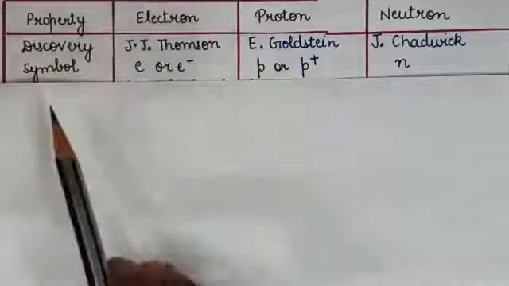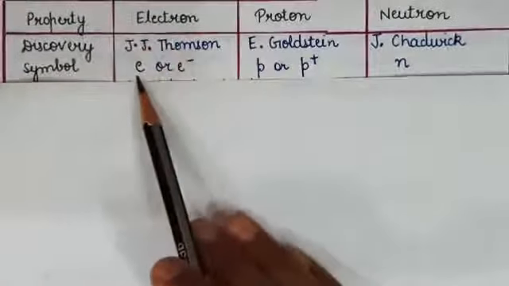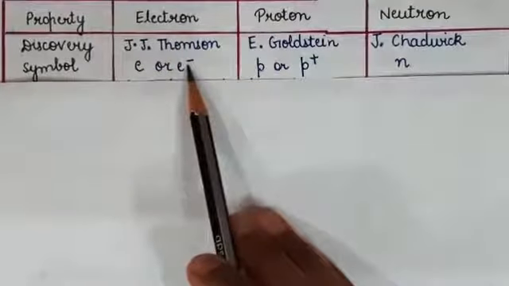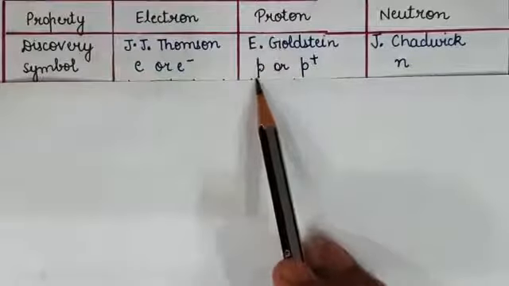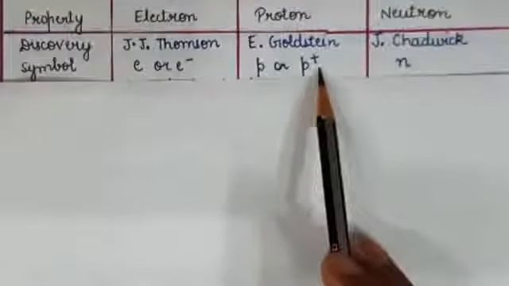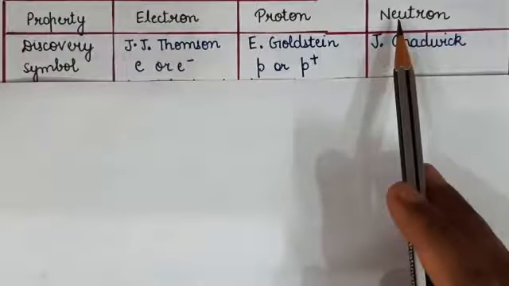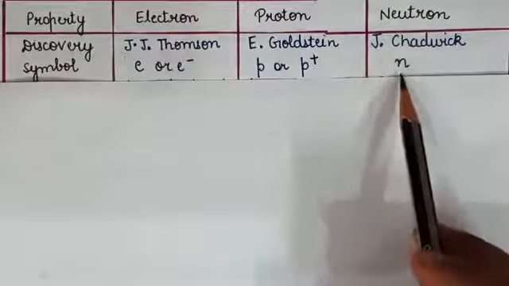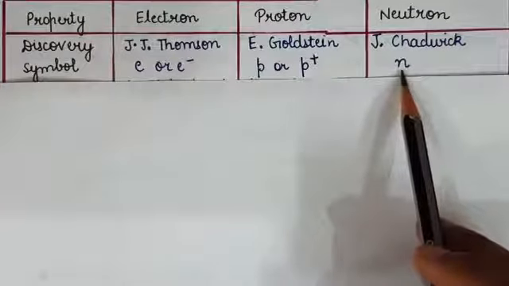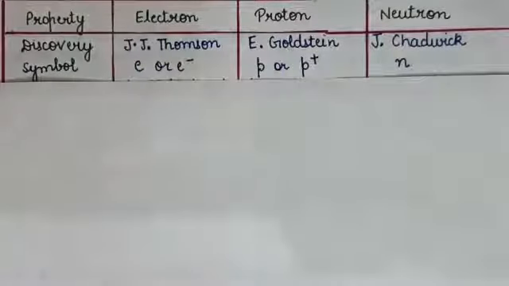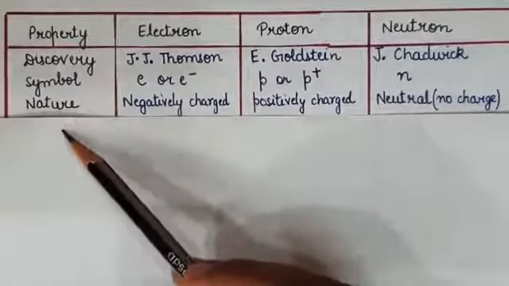Coming to the next property, symbol. The symbol of electron is e or e negative. The symbol of proton is p or p positive. And the symbol of neutron is n. It has no charge, so it is simply written as n. Third property, nature.